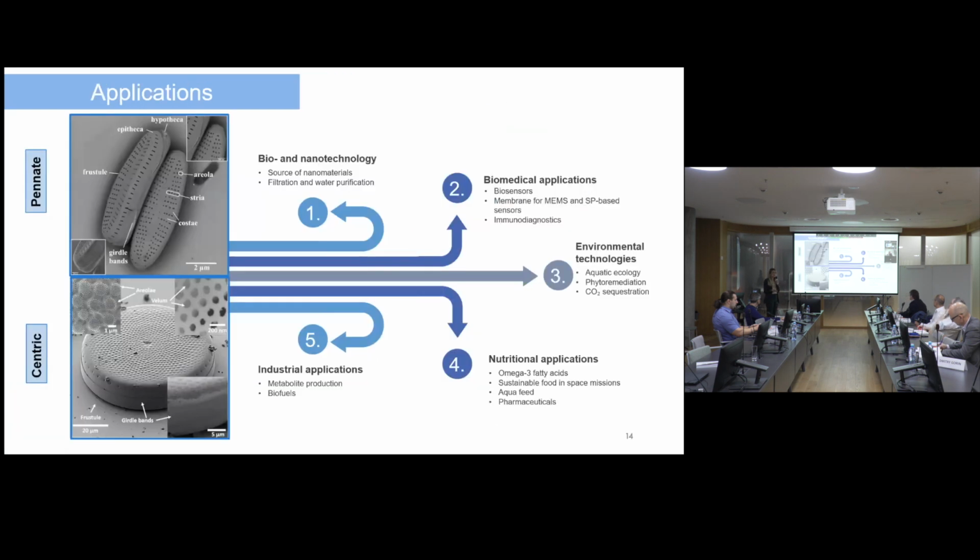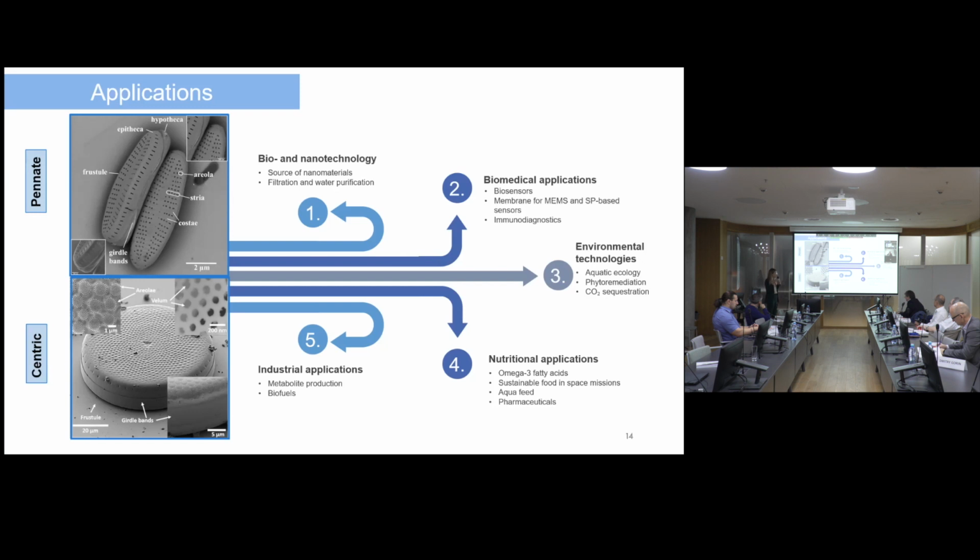Diatoms attract generations of scientists of different specialties owing to their fascinating structure, abundance, functionality, and properties such as good biocompatibility, easy modification, thermal stability, high mechanical stability, and optical properties. And in here, you can see that diatoms are usually classified based on their shape into pennate, which have this bilateral symmetry, and centric diatoms, which have radial symmetry.